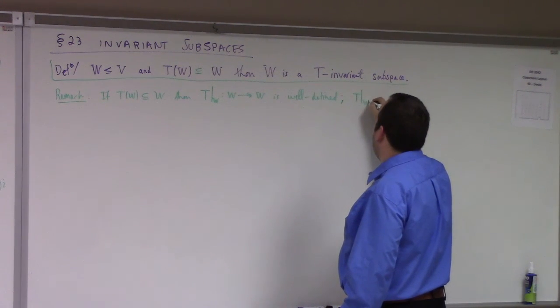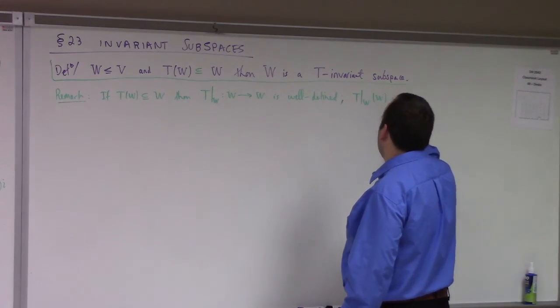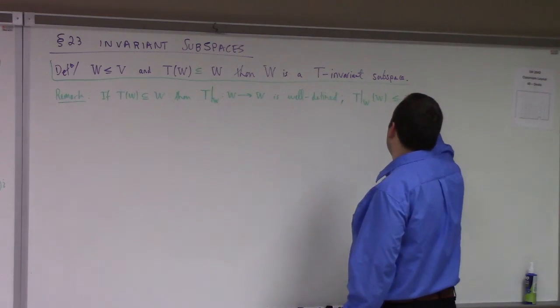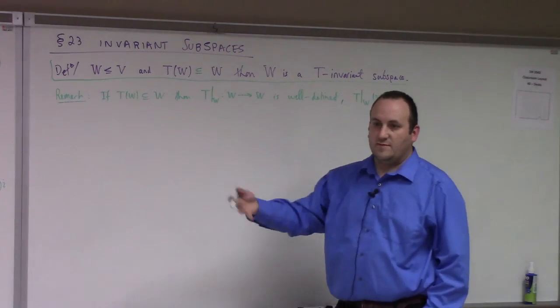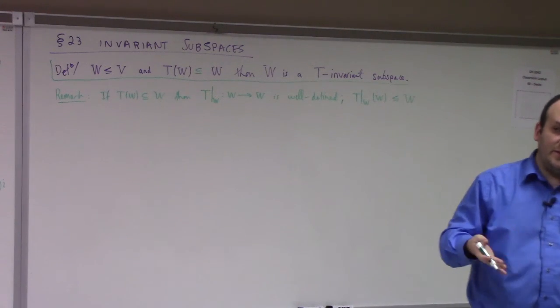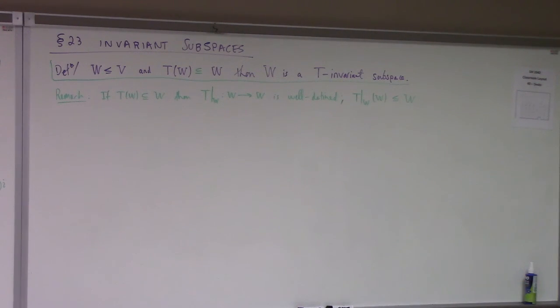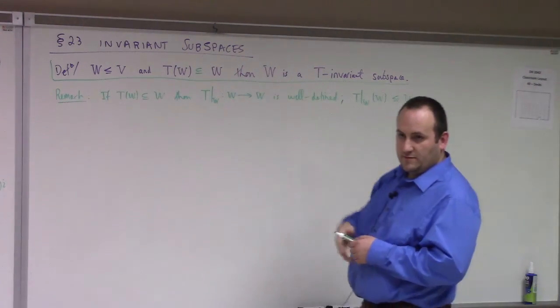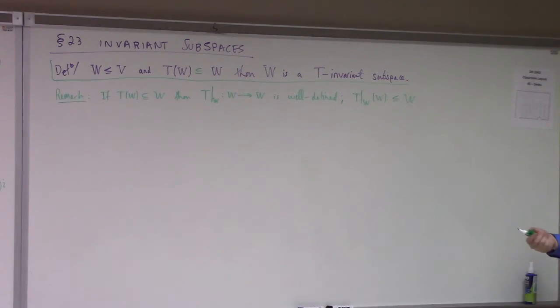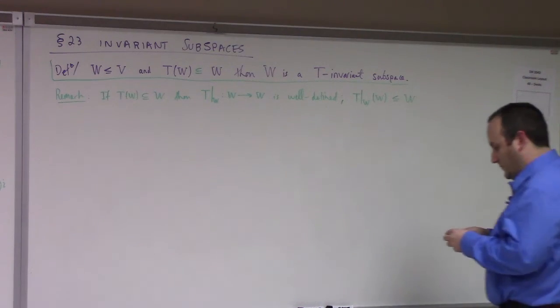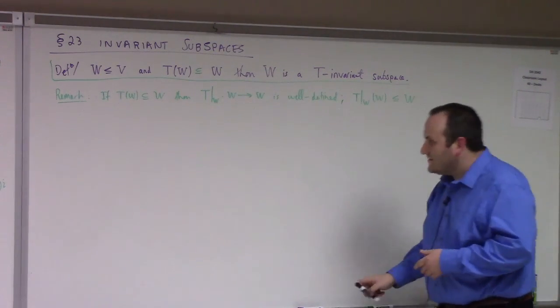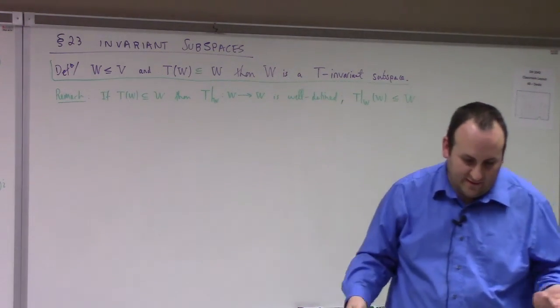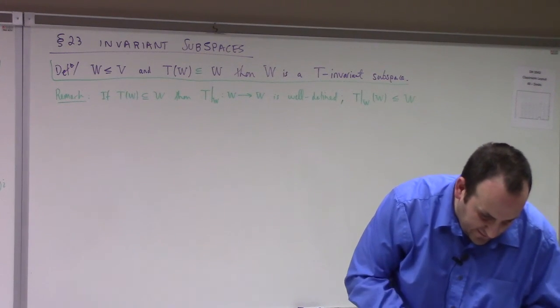T restricted to W of W is then a subspace of W, since the range is a subspace of the codomain, but the codomain here is W. So in fact, you could replace this subset with less than or equal to, to say it's actually a subspace if you wanted to. We don't want to because we don't want to be obligated to check it's a subspace every time we do this, okay? So we'll not do that. It's a lazy definition. It's not as greedy as it could be.